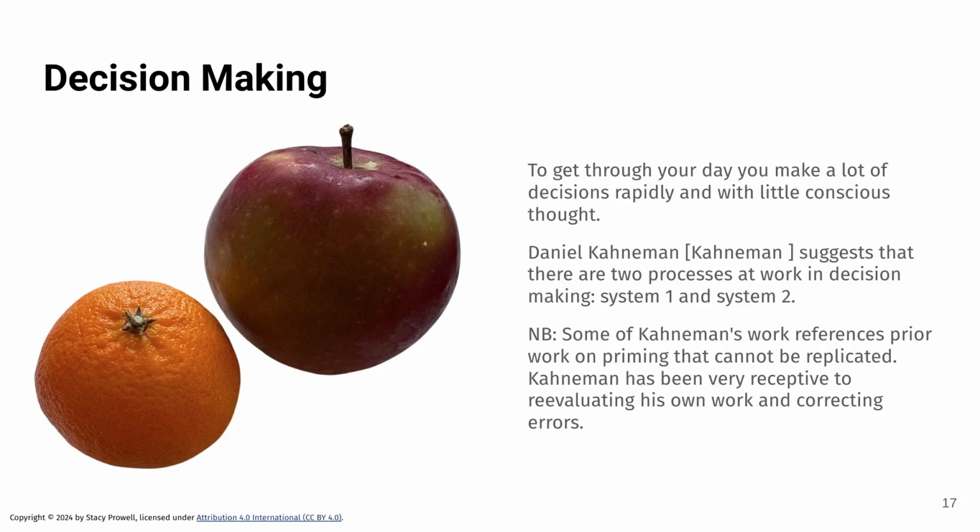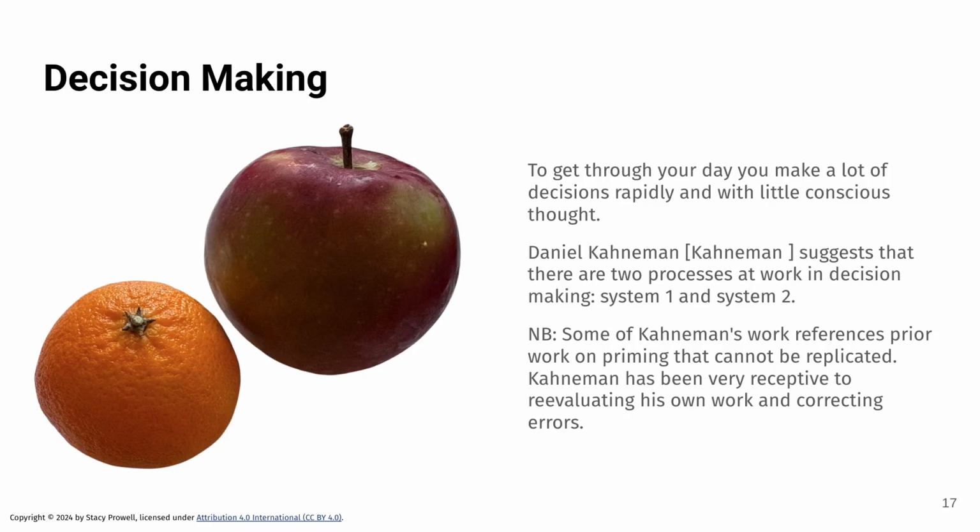Thinking, Fast and Slow references work on priming. Parts of the book lean on work on priming that we know we can't replicate. So at least part of what Kahneman was saying in his work is based on what may just be bad science, or science that can't be replicated.